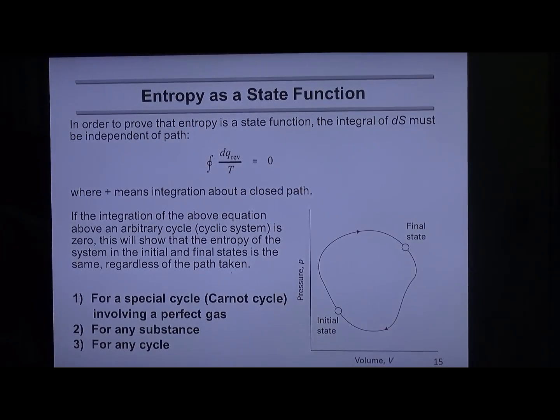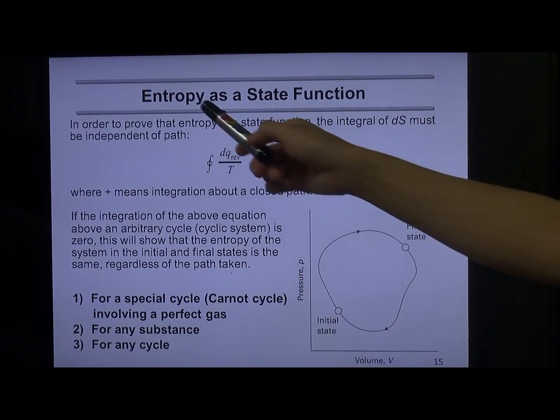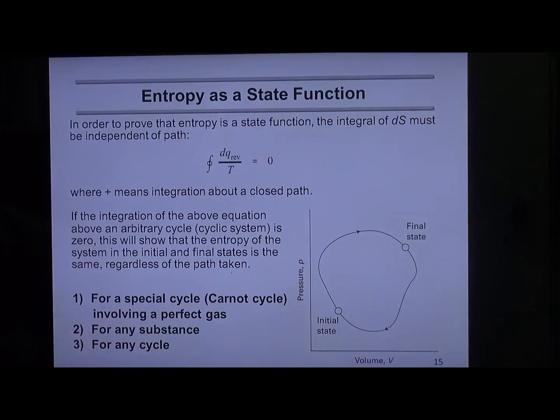Okay, as we have introduced before, we'll demonstrate that a physical variable, entropy, which represents the disorderedness or the randomness of the system, is a state function. As I mentioned, we'll follow these 3 steps to demonstrate it.